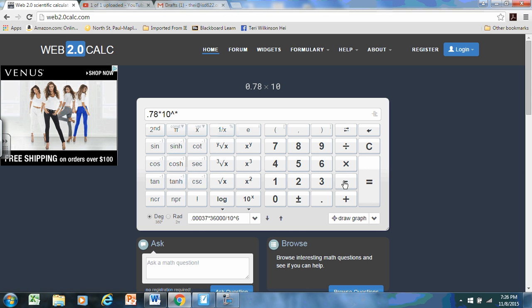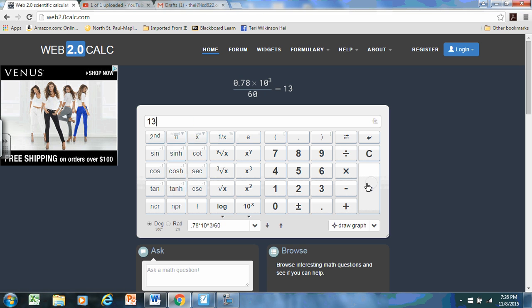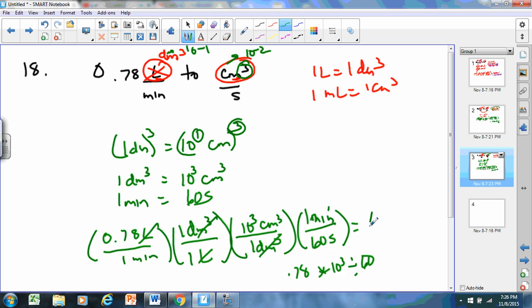Oops, I didn't do the third. Divided by 60 equals 13 exactly, and that is what the answer sheet says. So 13. This cancels this. Cubic centimeters per second.